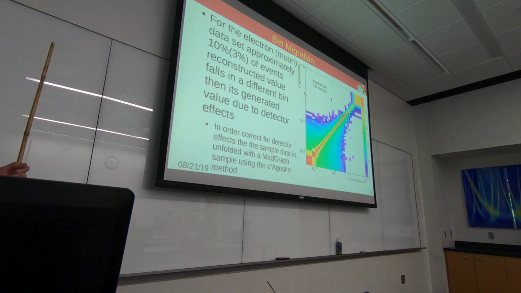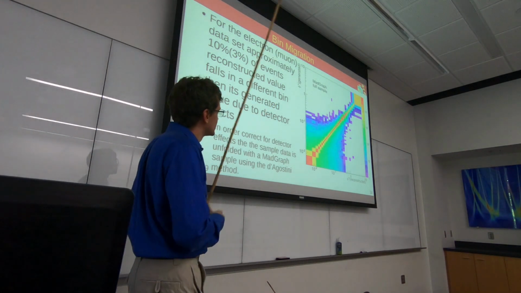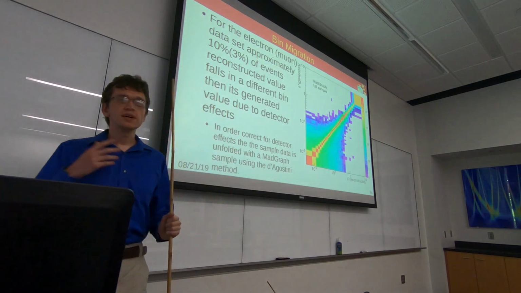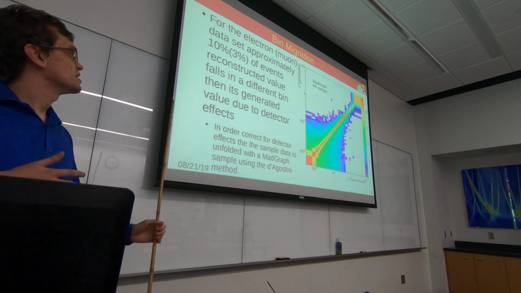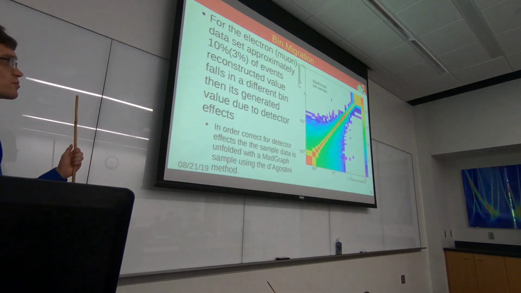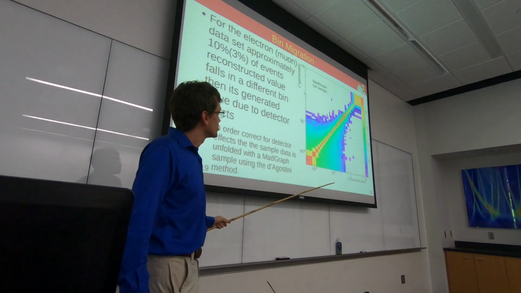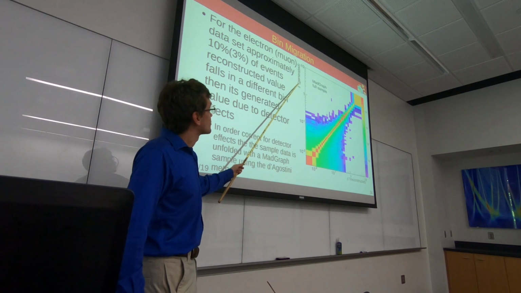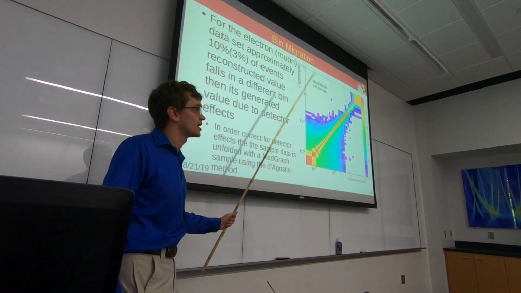Now, in the unfolding, we do a two-step process. The first step deals with bin migration. Bin migration is when the real Z's phi-star falls into a different bin than it should. To correct for these, we take a MadGraph sample, which is a type of simulation, and look at what MadGraph produced and what the simulated detector saw.